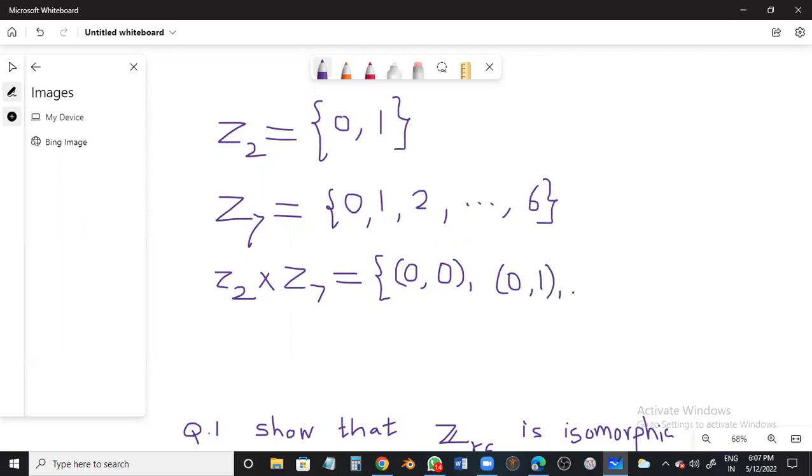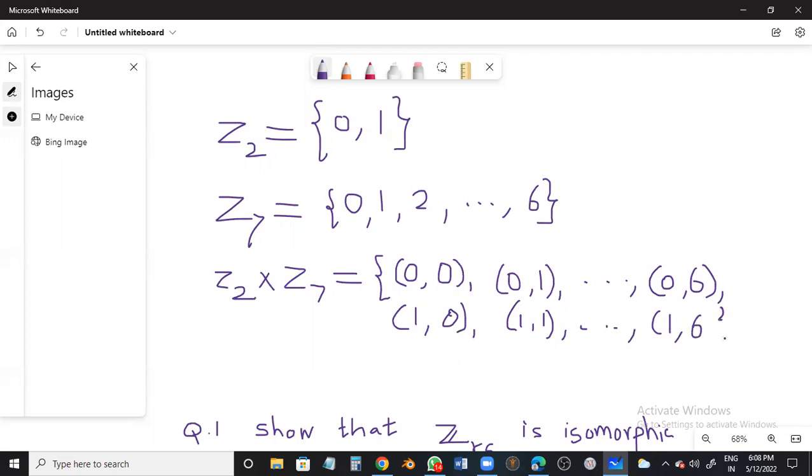In this way, the last element will be 0, 6. Now, taking 1 in the first position, we will have 1, 0. Then we'll have 1, 1, and so on. So the last element with 1 in the first place will be 1, 6.